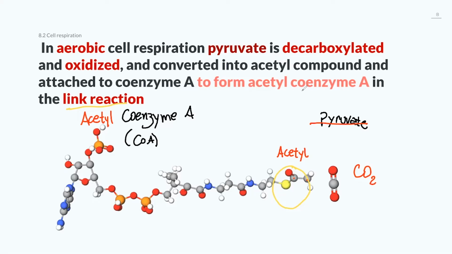So one fatty acid can give you many acetyl coenzyme A depending on how long the hydrocarbon tail is. But one glucose molecule will give you 2 pyruvate, which in turn gives you 2 acetyl coenzyme A molecules.